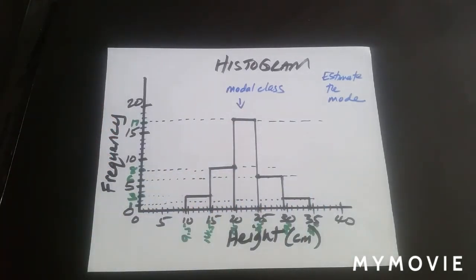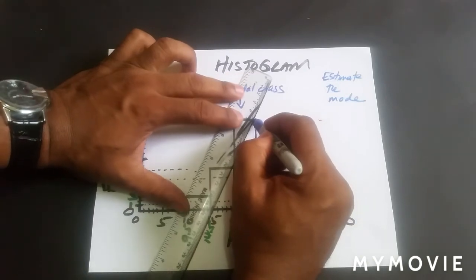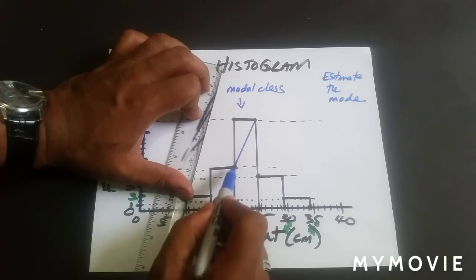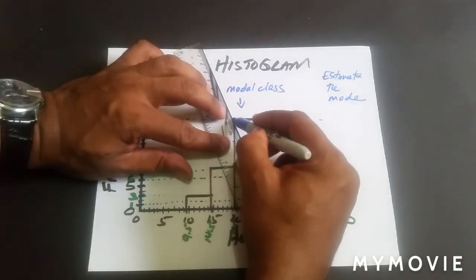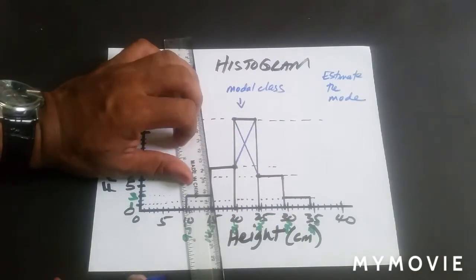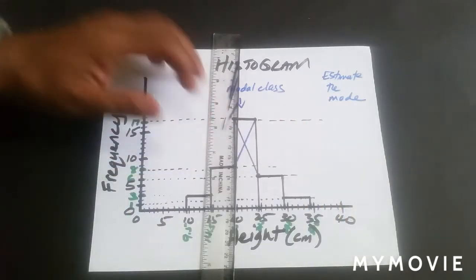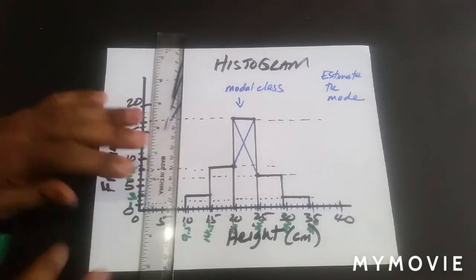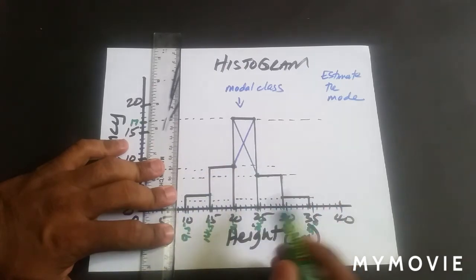And all we're going to do is this. To determine the mode using a histogram, just draw a line from the corner of the tallest bar to the next bar that attaches to it at the point where it touches the bar. And then draw a line from this corner, just like that. Now, where they intersect each other, which is right there, where those two blue lines intersect, all I'm going to do is draw a vertical line from here, go down to the x-axis.